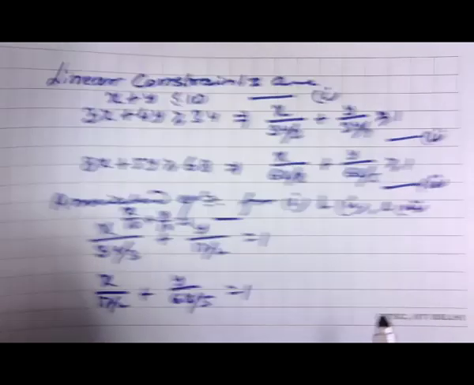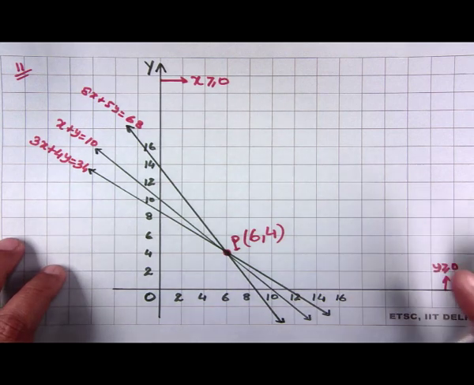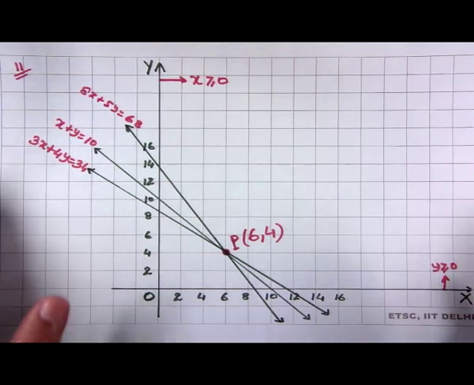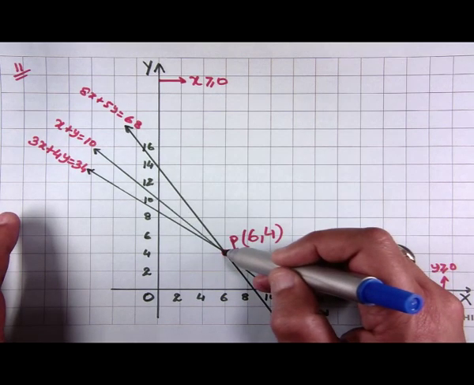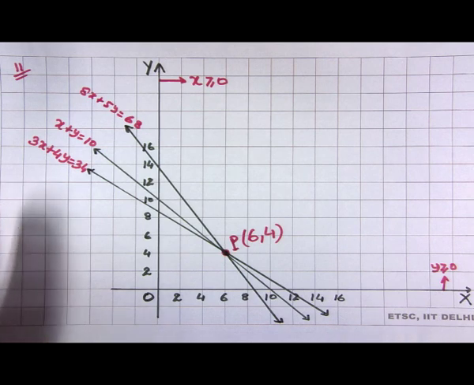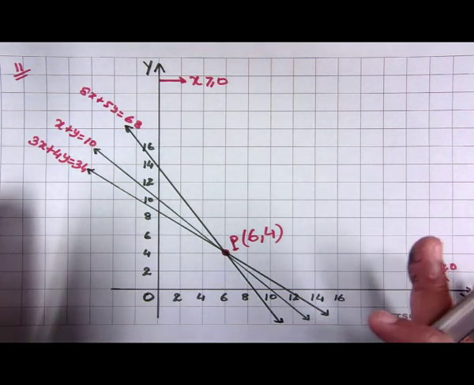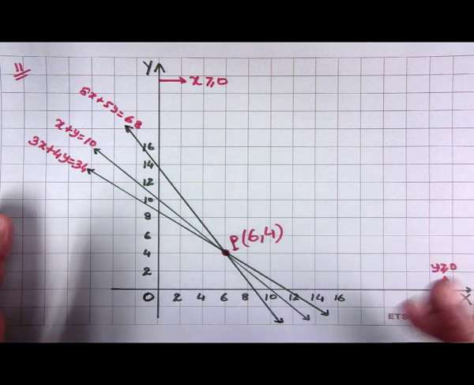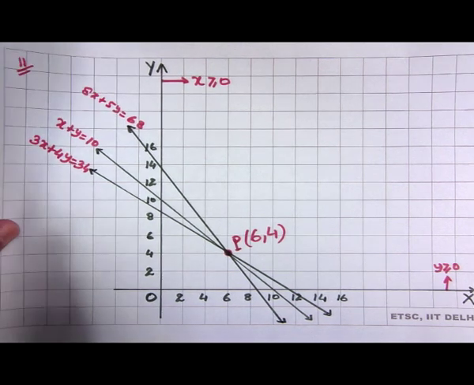When we draw the graph of these three equations of lines, they intersect at one point P(6,4), which means all these three lines are concurrent. So, the feasible region for all these three constraints is a point only, because all the three lines are concurrent.